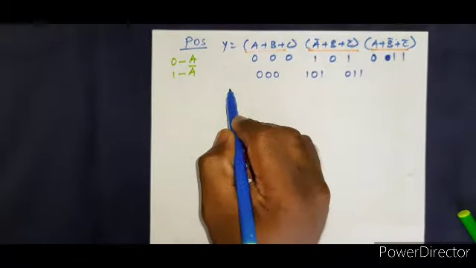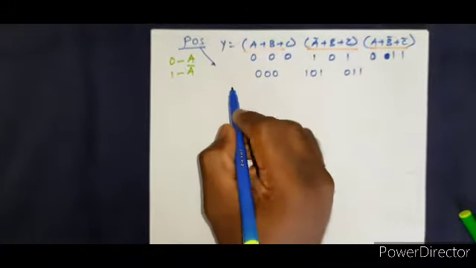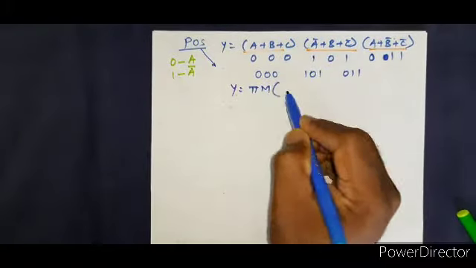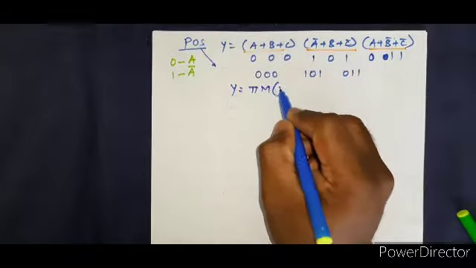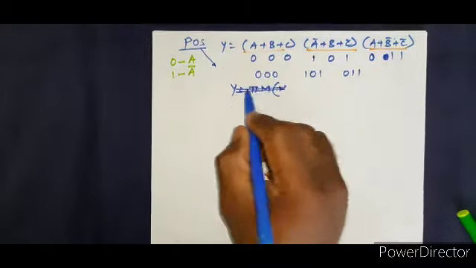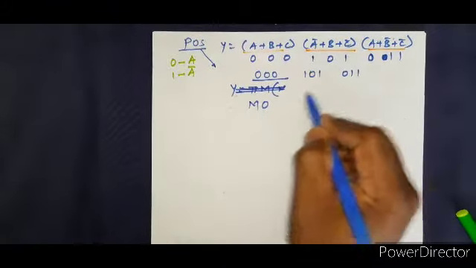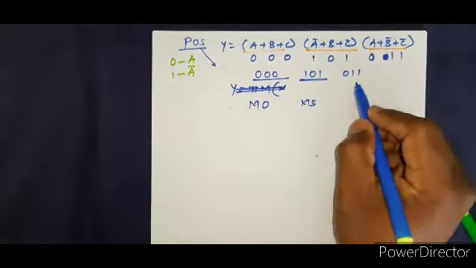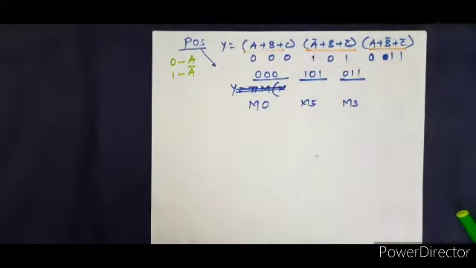Now this POS form equation can be written as y equal to pi of capital M. 000 means 0, that is M0. 101 means 5, that is M5, and 011 means 3, that is M3.